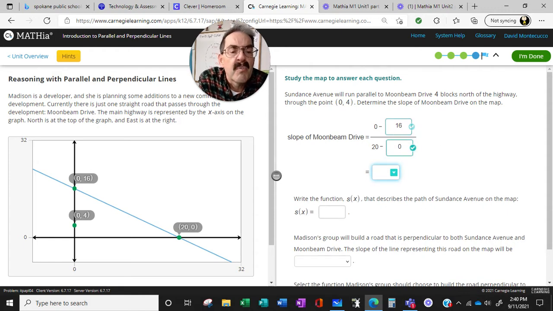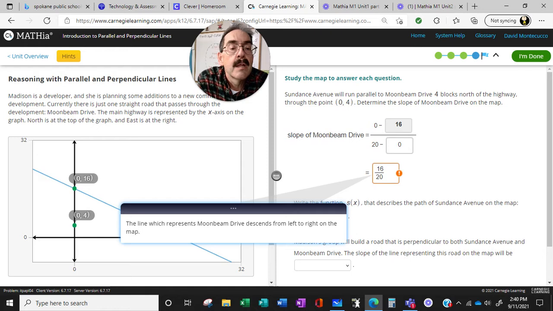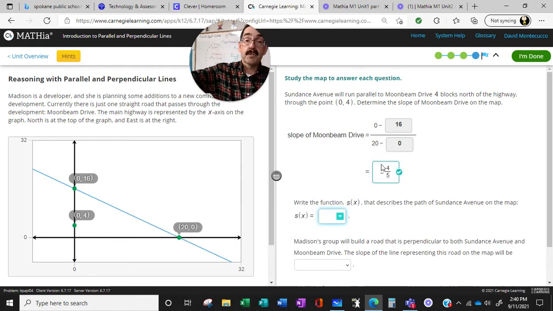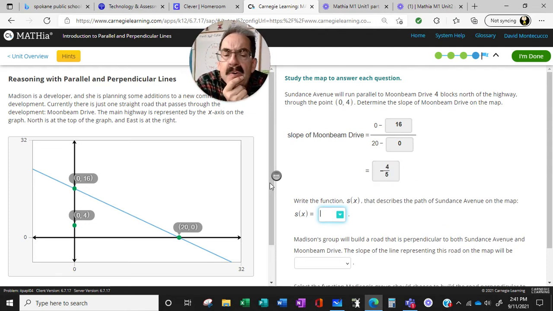Okay, so now what do we get? 16 over 20. The neat thing about Mathia is just type it in. Oops, forgot my negative. Negative slope, coming downhill. Write the function that describes the path of Sundance. Now we've got the slope, -4/5, times x, plus the y-intercept.